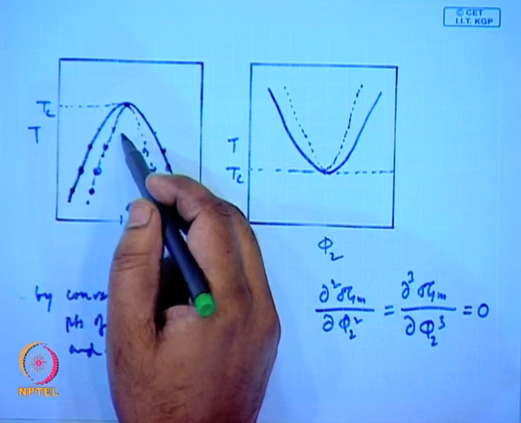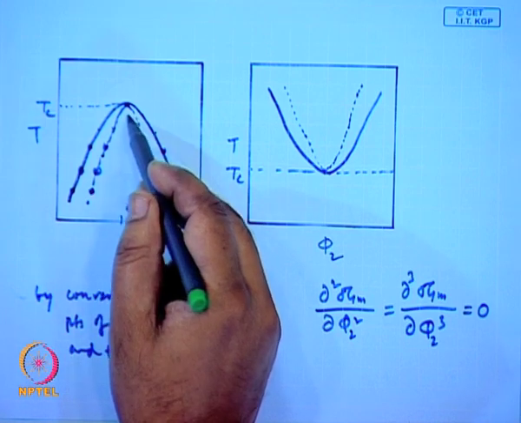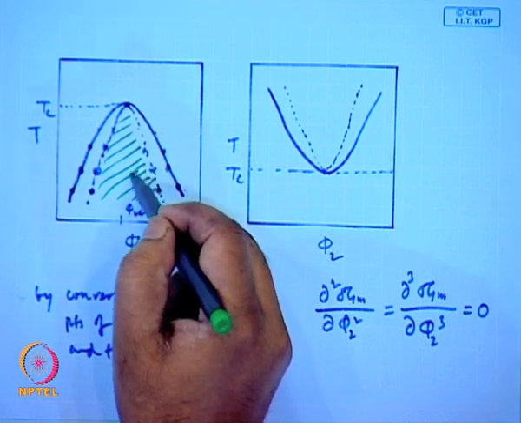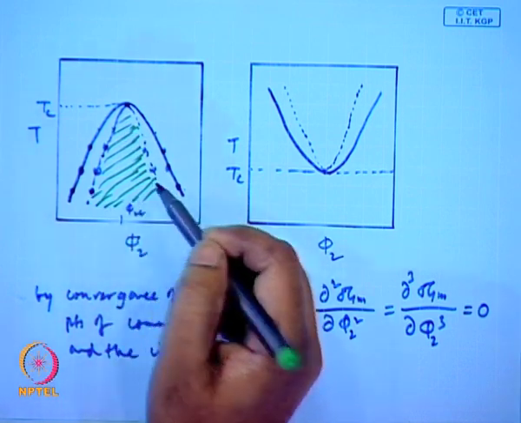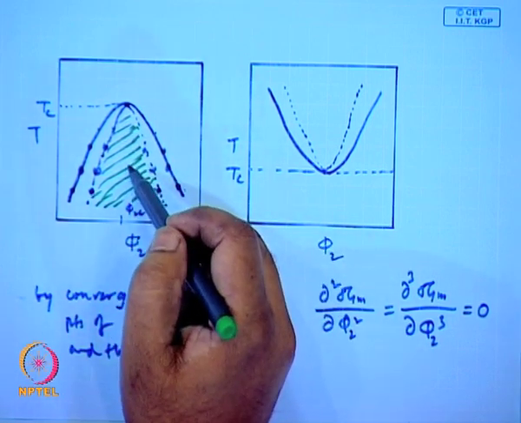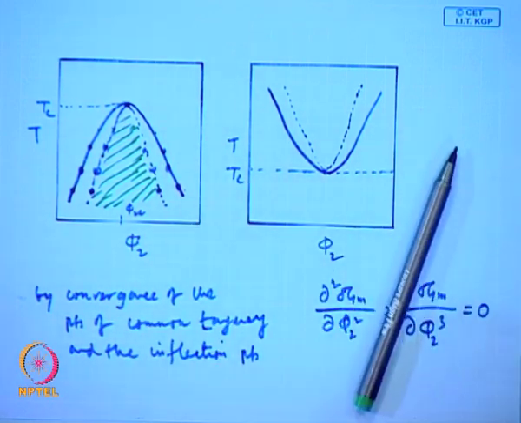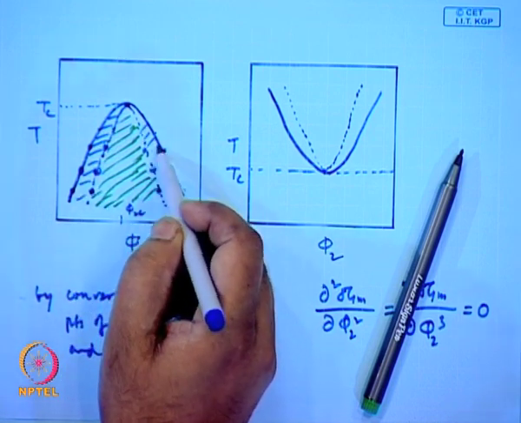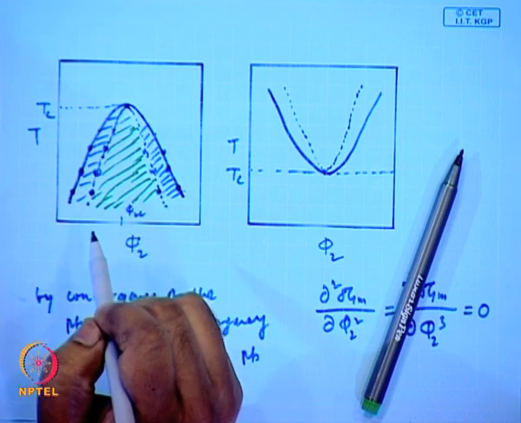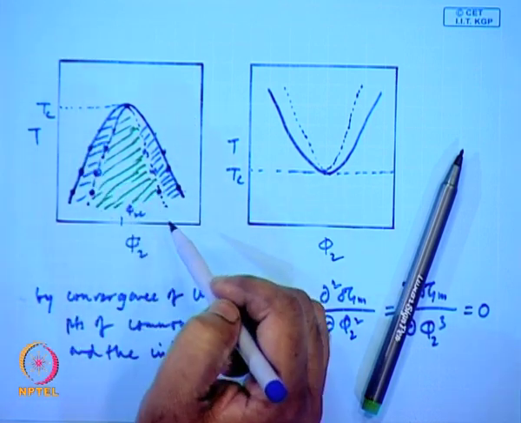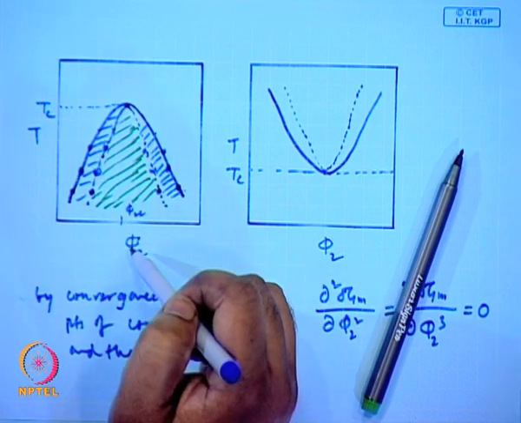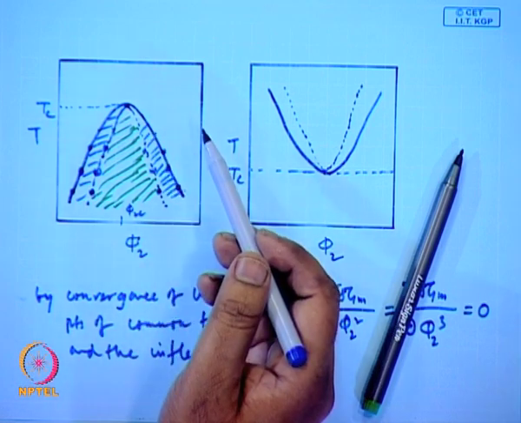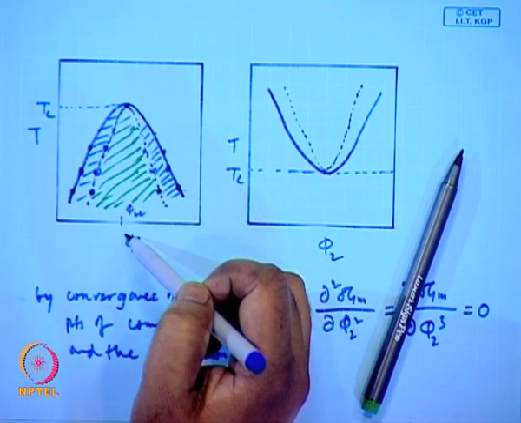Any point within this region will be completely insoluble, they will phase separate out, and any point here would be a metastable point. So, in this single diagram you can get the complete phase diagram. It basically gives you the phase diagram of that polymer in that solvent.